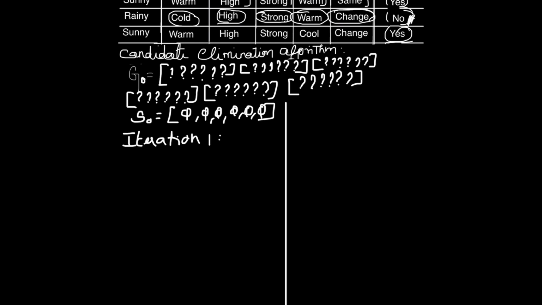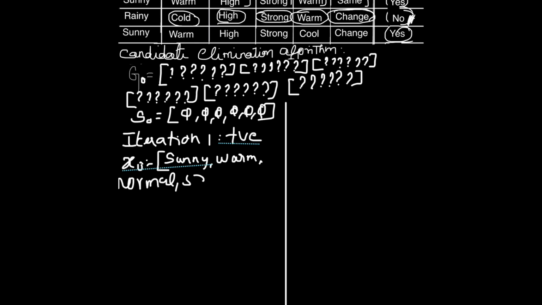In iteration 1, we have to check with the first sample data. So it is positive, right? The first sample is a positive sample because the output label is having S. So let us check. We will consider X naught as all the values: sunny, warm, normal, strong, warm, same.